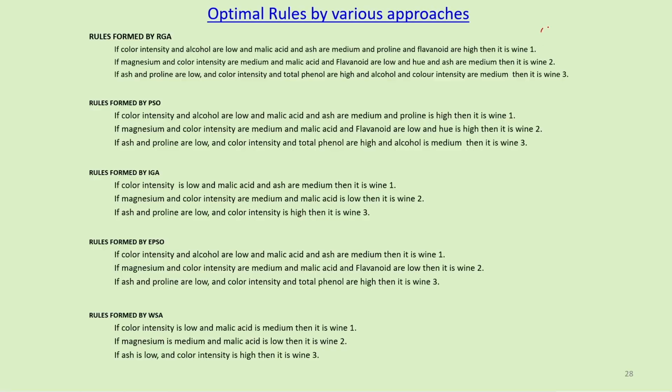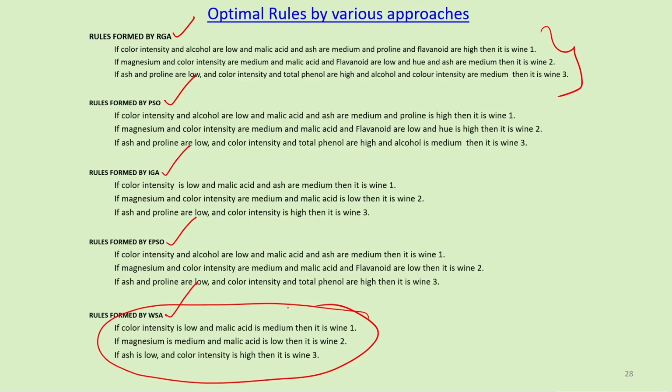So using this algorithm we have compared with all the other approaches. This is the one obtained for wine data. See, for wine data, the rules: same thing, obtained by RGA, obtained by PSO, obtained by IGA, obtained by EPSO, obtained by WSA. So if the color intensity is low and malic acid is medium, then it is fine.